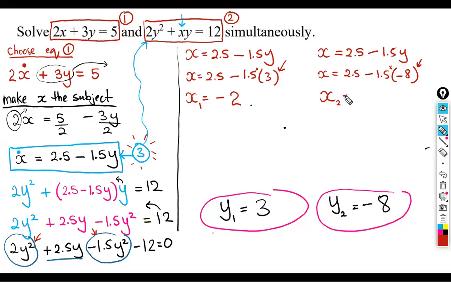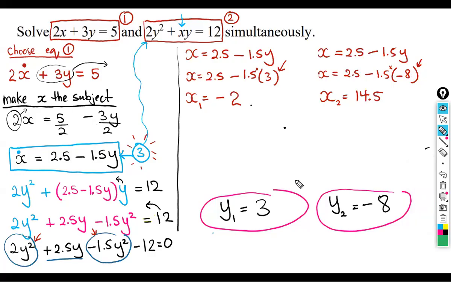The next one, when y is minus 8, 2.5 minus 1.5 multiplied by minus 8 in brackets. Anybody getting 14.5? Do I have that correct? 14.5, right? Check it back. You can do it in parts first. You can multiply out the brackets first and then add it to the 2.5 anyhow.